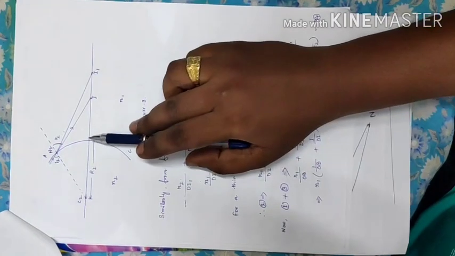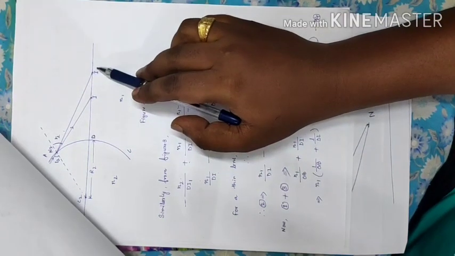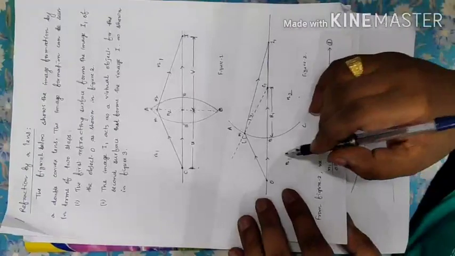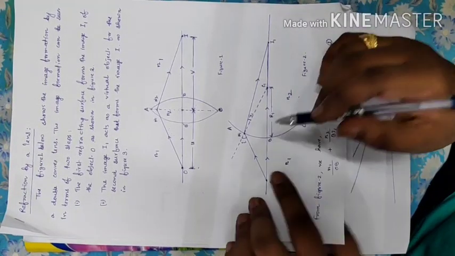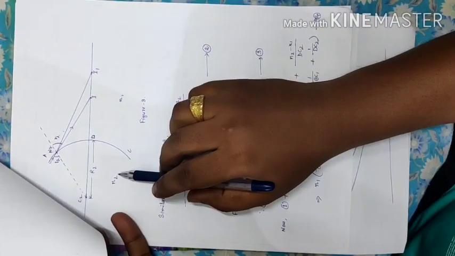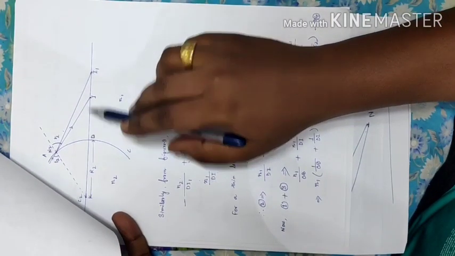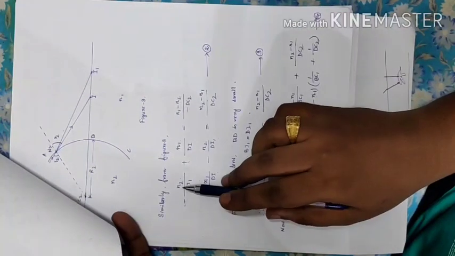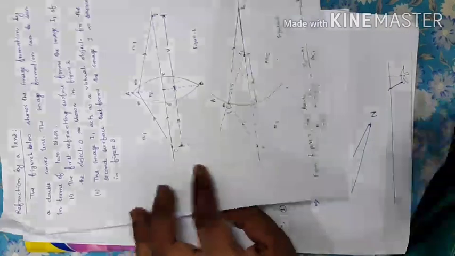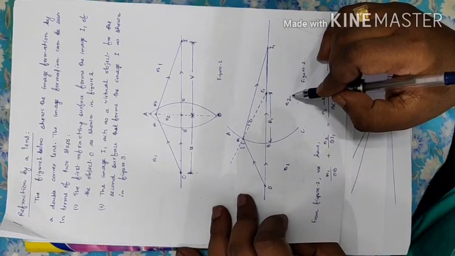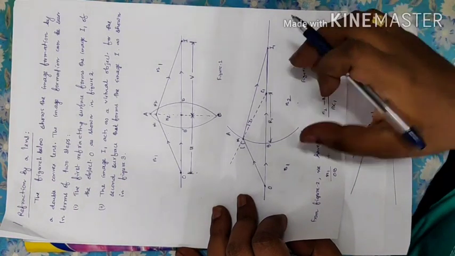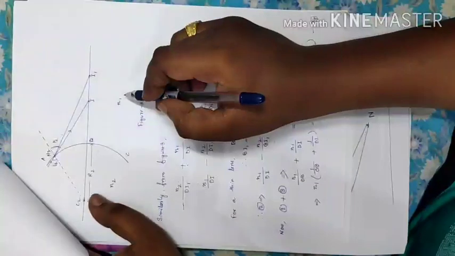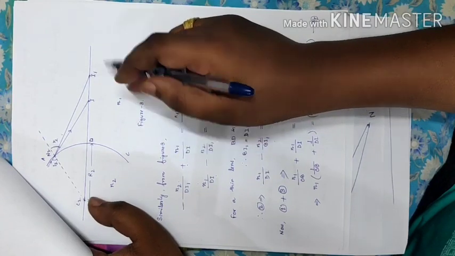The object is here at O, with object distance, and DI is the image distance. First case: N1 by object distance OB. Then N2 by object distance DI1, but they are not on the same side, so it gets a minus sign: minus N2 by DI1. Next plus the second, N2 by image distance BI1. Then N1 by image distance DI.